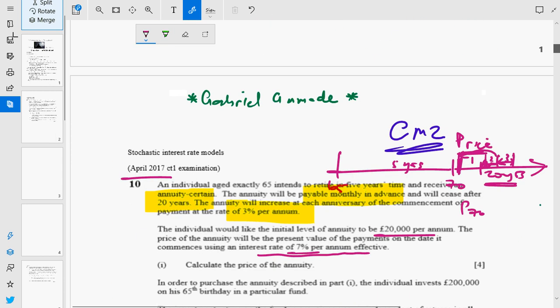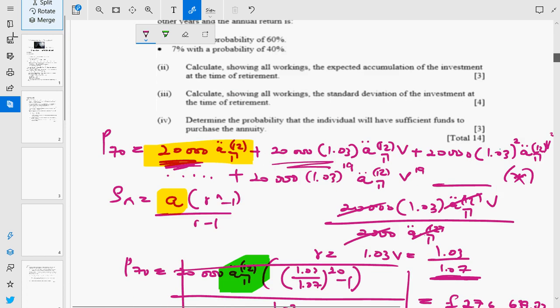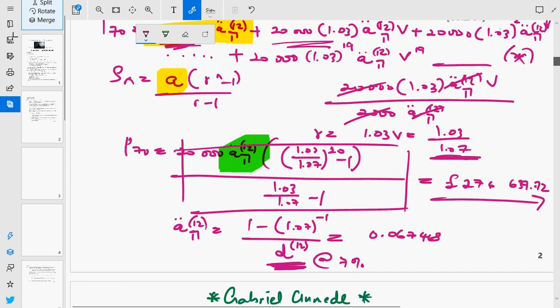Not very difficult. You just have to understand that the price we are looking for is when this individual retires, which is at 70 years. Then you have to read your question very carefully and proceed as usual. Okay, so this wasn't difficult.